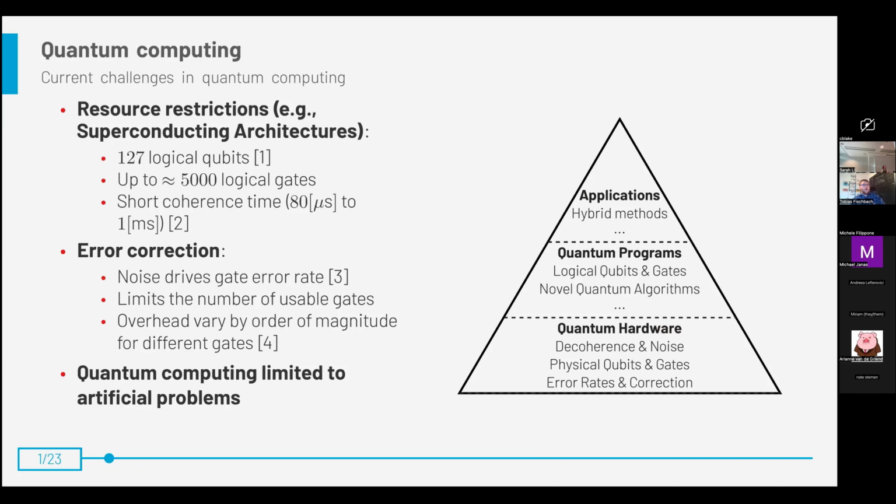I put here one example from the IBM Eagle architecture. However, this is only the superconducting architecture, and we know that there are, of course, other architectures such as photonic or trapped ion quantum computers that impose, at least on a hardware level, different challenges and different restrictions. So the question is now, if everything is great and we have our limitations, how should we proceed?